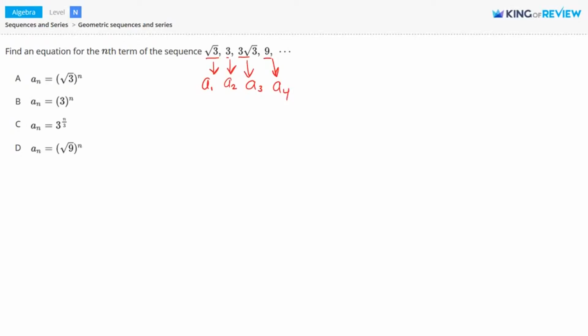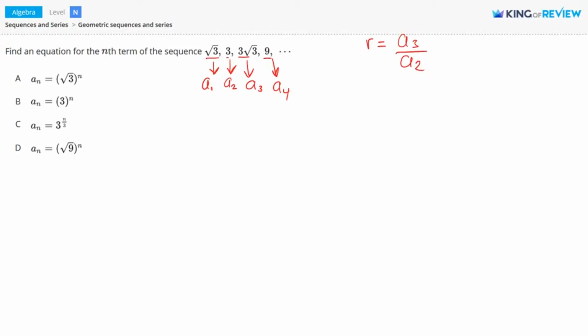So what we want to do is figure out if there is indeed a common ratio in this sequence of numbers. One method for determining the common ratio is using the equation R equals some term compared with its previous term. So let's compare A3 and A2.